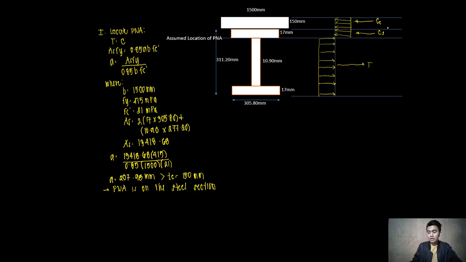So from there, what are we going to do? We are going to determine the value of the compressive force and the value of the tensile force, and we are going to compare the two.